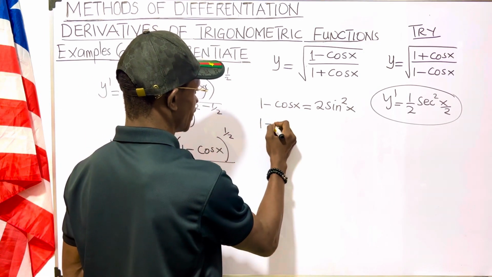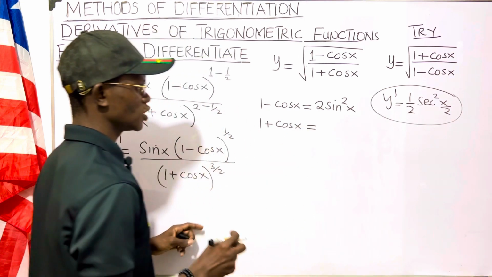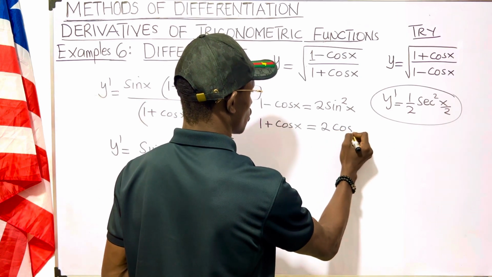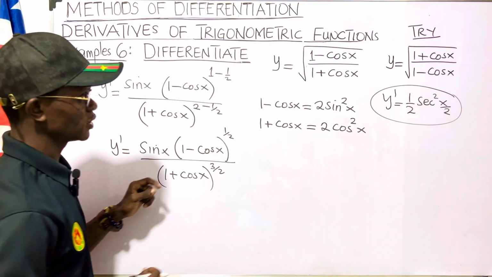And then 1 plus cos of x was also equal to 2 cos square x over 2. I think that was what we did, right?